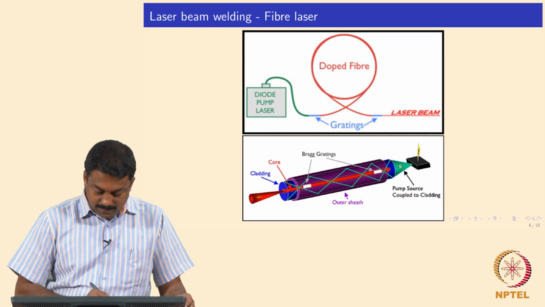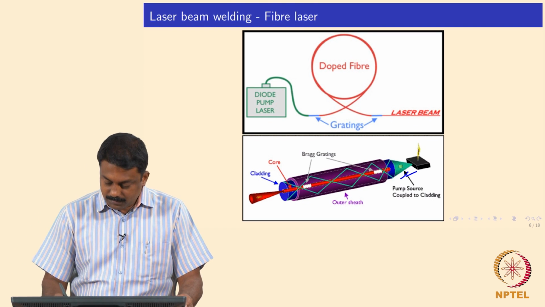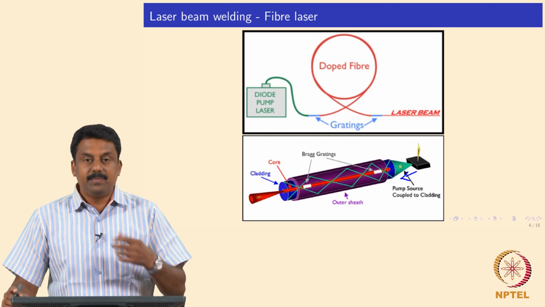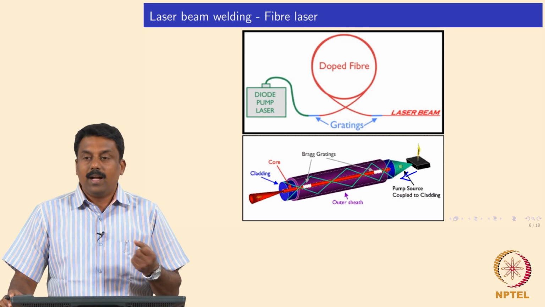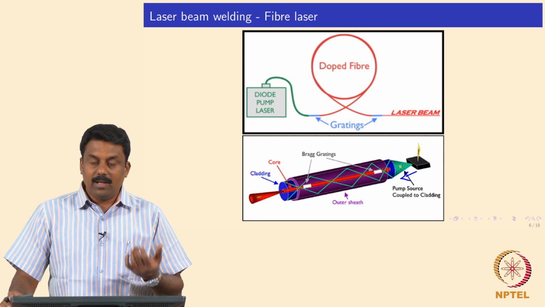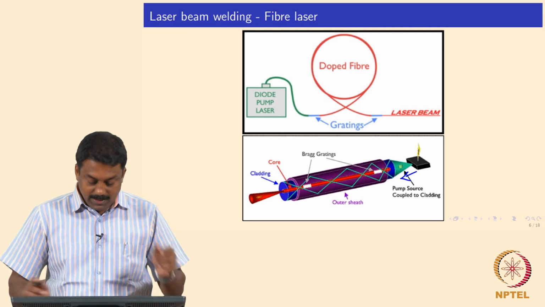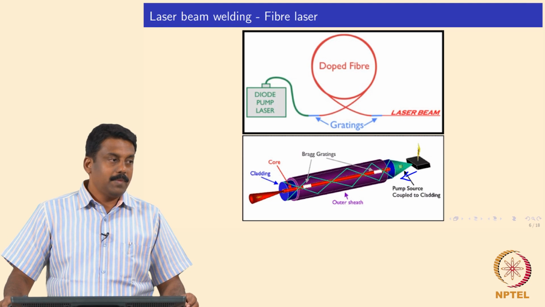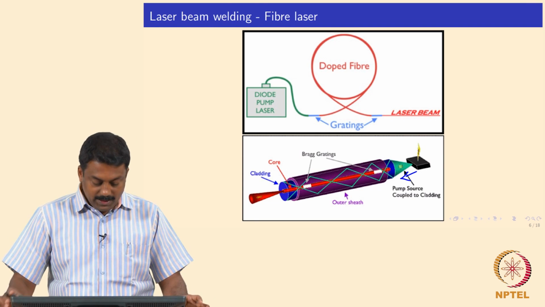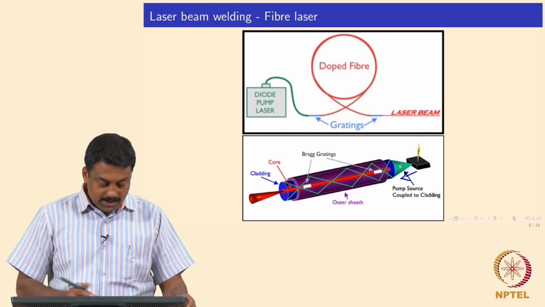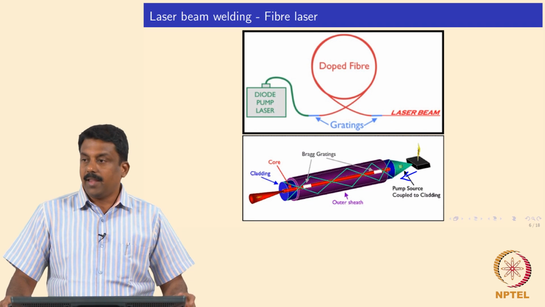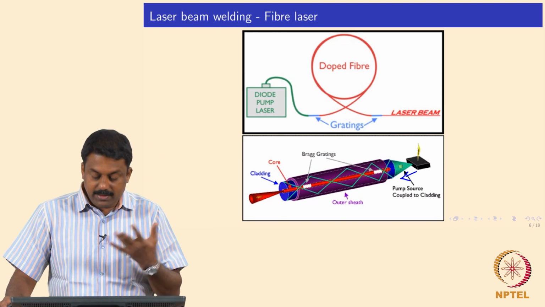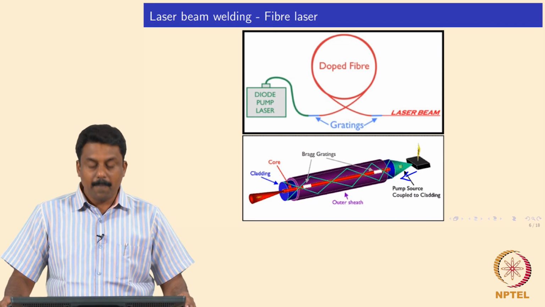So, we send a pump source to clad optical fibers, and these pump sources are accelerated and then amplified and then made coherent and then collimated using the reflective surfaces of these optical fibers, right. So, the moment they are collimated and made coherent, they can be sent into another optical delivery system, which can send the lasers to the workstations, right.